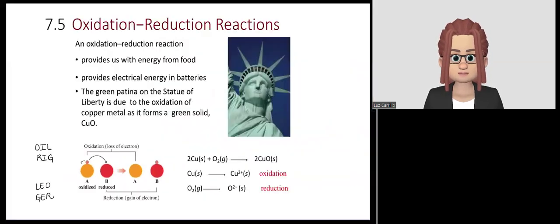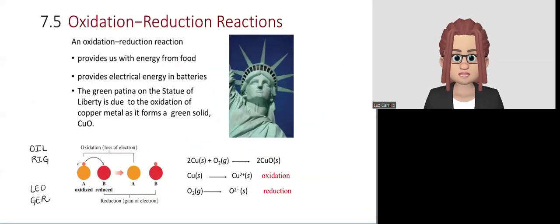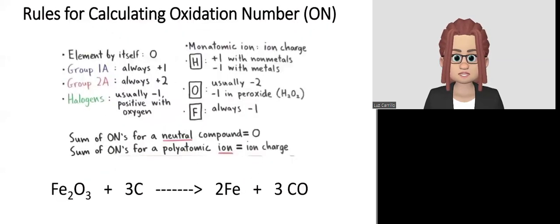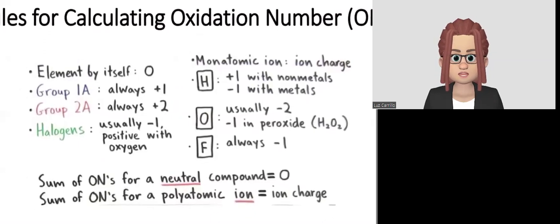But as I mentioned, when it comes to oxidation reduction, we have first to learn how to assign oxidation numbers for the atoms involved in our reaction. There are some general rules for calculation of oxidation number, and they are summarized in the following notes.